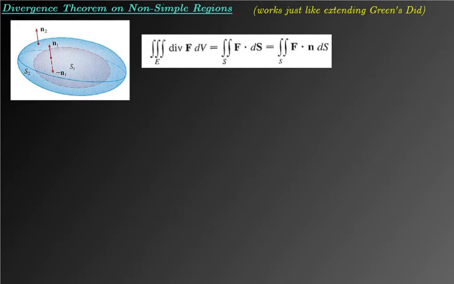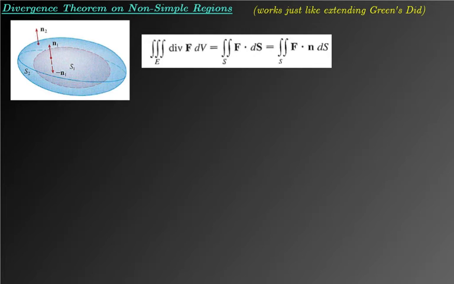So one thing I just want to take a second to talk about is the divergence theorem on non-simple regions. This region right here, I look at it as an avocado, and there's the pit in there.